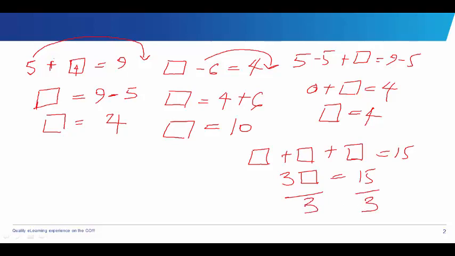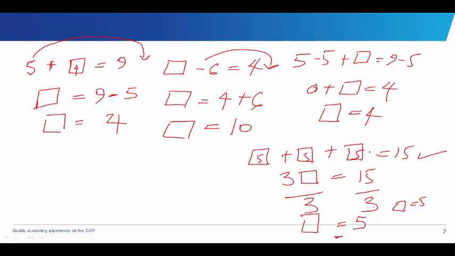When you divide both sides by 3, this 3 dividing this gives us a box, and 15 divided by 3, if you know your multiplication table, you know the answer is 5. So our box here equals 5. So that means if you have 5 plus 5 plus 5, it will give you 15.